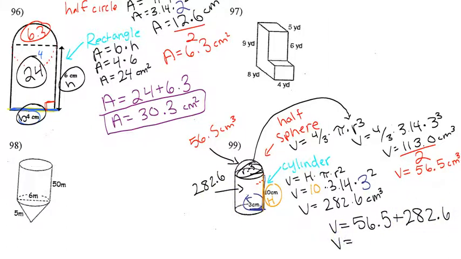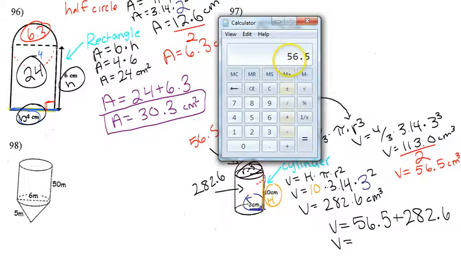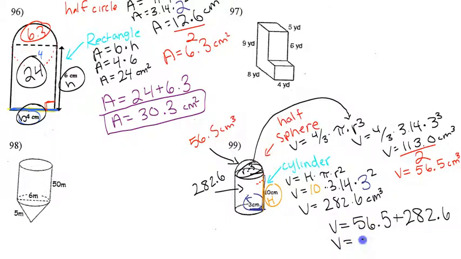And that's going to give me a final answer of 339.1, and we are in centimeters cubed. So again, it's the same idea. We're going to take two different pieces, find the area or volume of each, and then add them together to get our final answer.